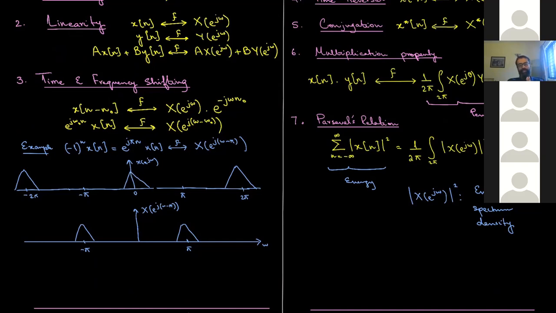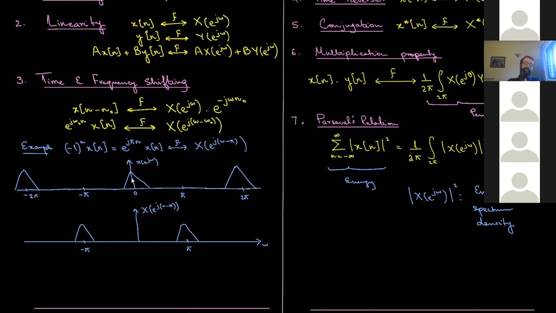So if this was X of e raised to power j omega, the Fourier transform of minus 1 raised to power n times x of n is simply this Fourier transform shifted by pi. So if it was a low frequency signal, multiplying by minus 1 raised to power n moves it to high frequency. That's the impact of multiplication with minus 1 raised to power n.